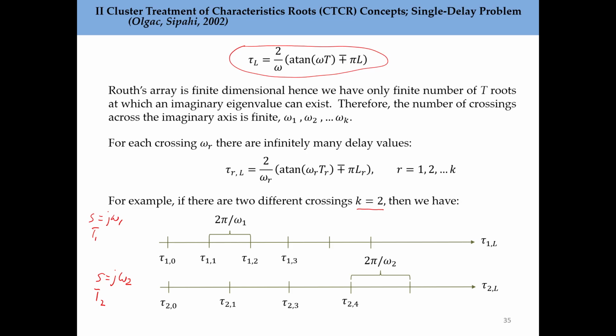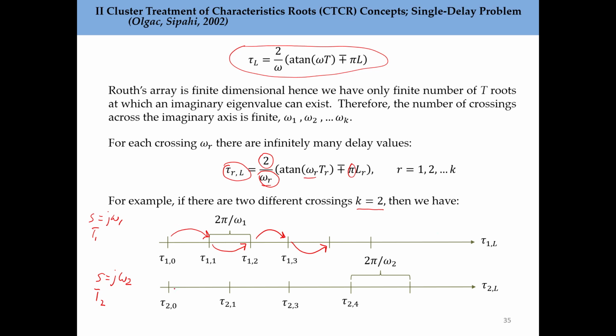Second of all, observe that for a given crossing frequency omega, the delay values are 2 pi over omega apart from each other. So for a given frequency, delay values are periodic, 2 pi over omega. They are periodic within their own set.